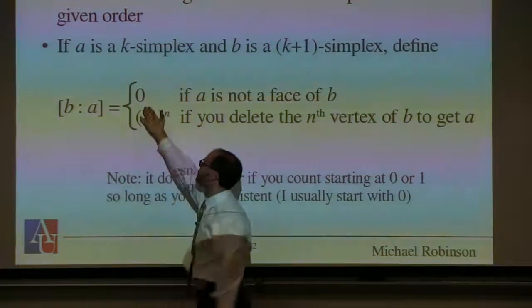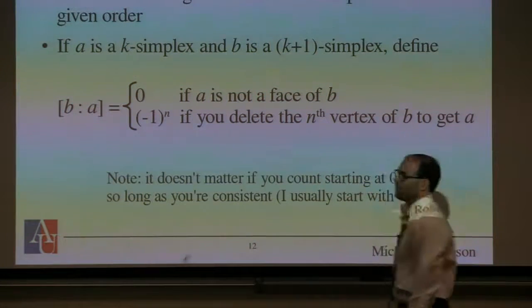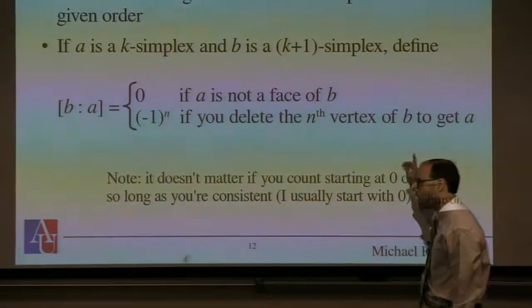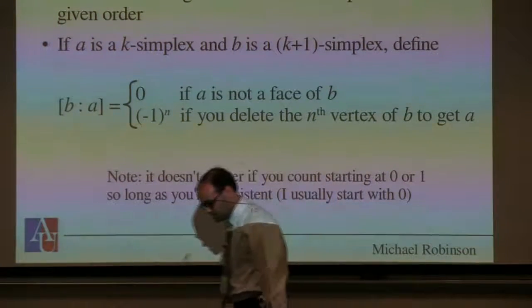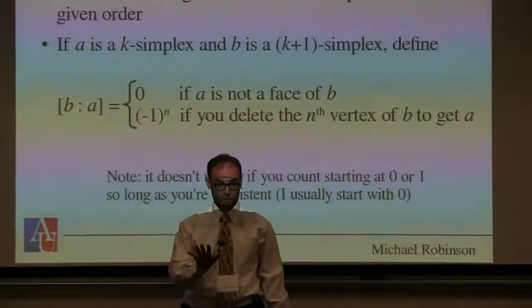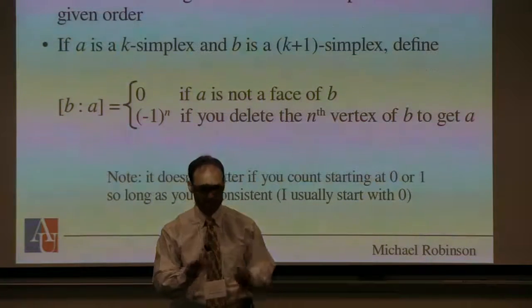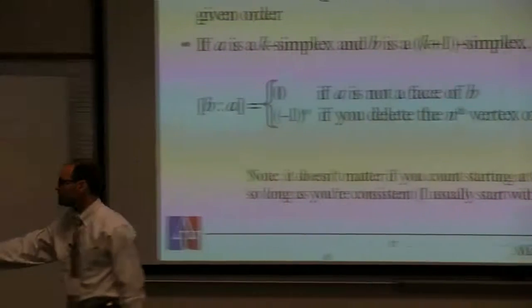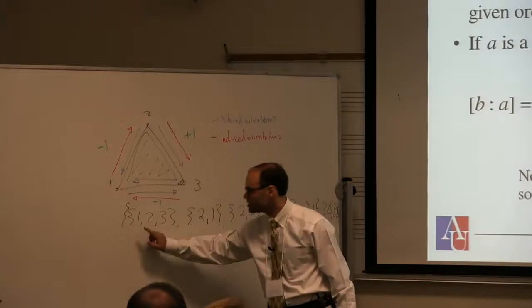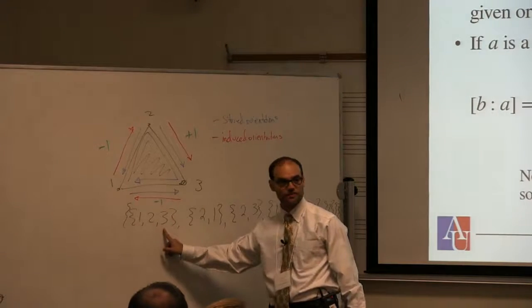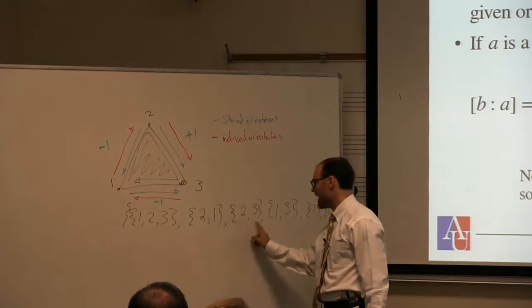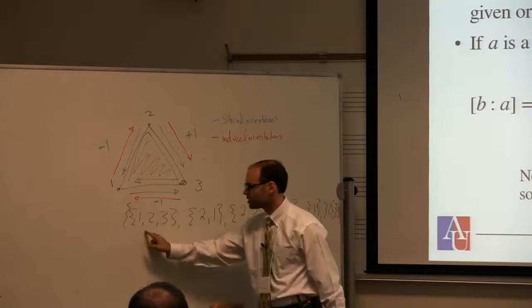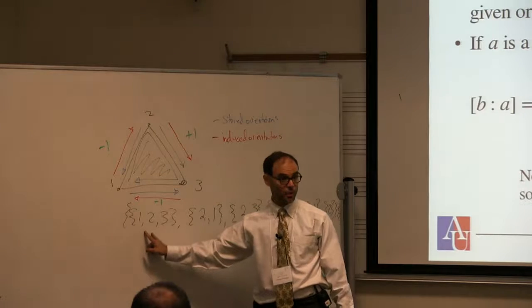If it's not a face, we'll assign the orientation index 0, as in it's not a face. On the other hand, if it is a face, they differ by exactly 1 vertex. If I have a 2-dimensional simplex that has 3 vertices in it, every one of its faces arise by deleting one of these vertices. Every one of these edges here arise by deleting one of these faces, but they might be in a different order.